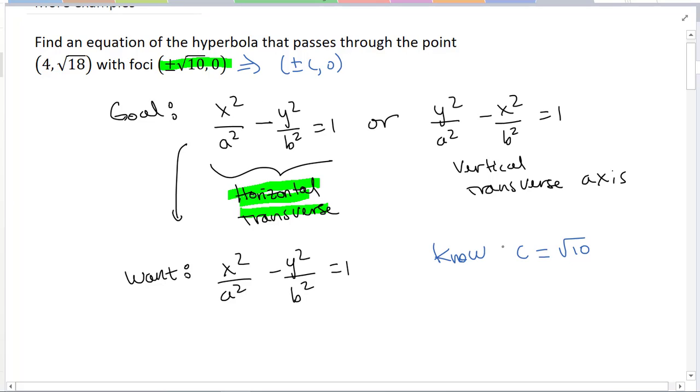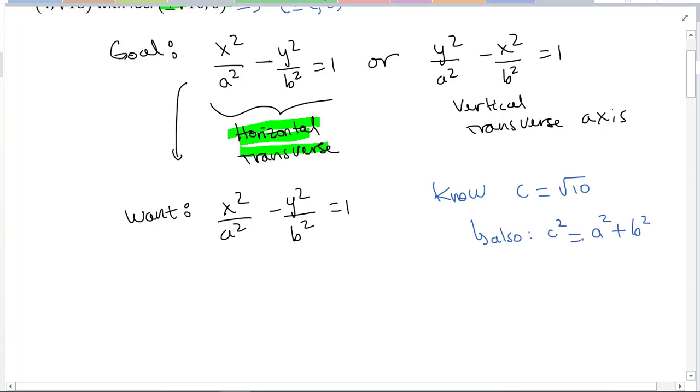So I know c is the square root of 10, and we also know that c squared is equal to a squared plus b squared. That will help us with something. So I can say c squared, so 10, is equal to a squared plus b squared. I'm going to keep this here and see how that helps me over here.